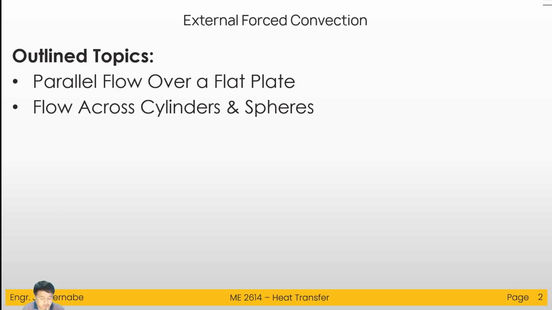Actually, there is also a fourth one, which is across tube banks, which is basically just a collection of cylinders. We won't be delving into that too much, but I will still be giving out notes for tube banks. It is quite essential, but not so essential that it will be a problem moving on in studying heat transfer.